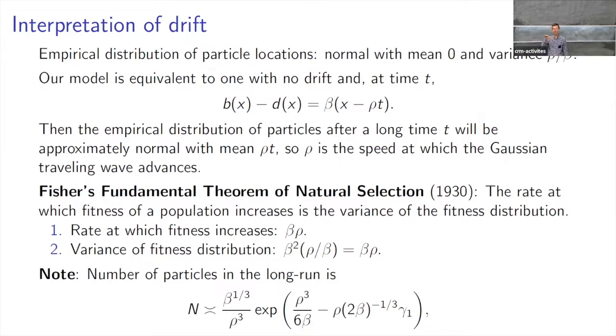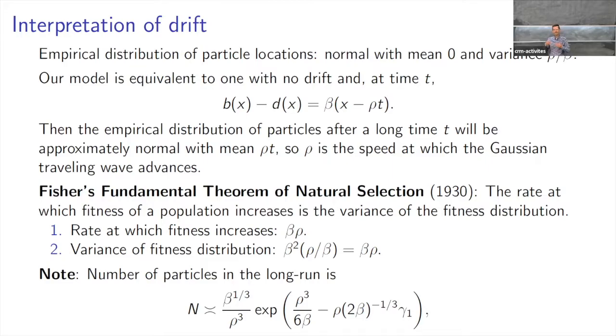So in our model, 1 unit of space corresponds to a fitness difference of β. And so the rate at which fitness increases in our model is β times ρ. Likewise, the variance of the fitness distribution in our model is β² times the variance of the empirical distribution of the particle locations, which is ρ over β. And once again, we get β times ρ.